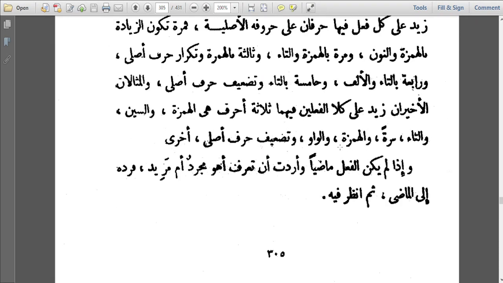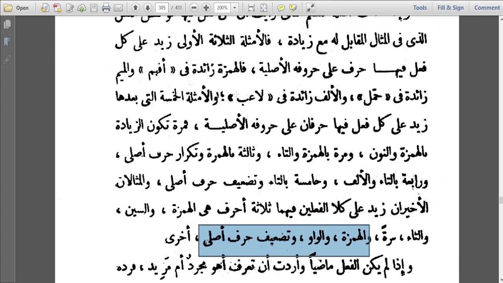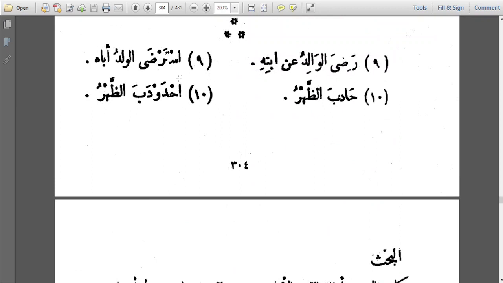Then it says والهمزة والواو وتضعيف حرف أصلي أخرى, and in the other example we've added hamza, wow, and tad'if of harf asli. Let me show you where the ziyada are. You have this alif, which they call the hamza. And then we've added this wow, and then we've doubled a harf asli, which is the dal. So we have alif, wow, and then the doubled harf asli, which is dal. That is the tad'if. Tad'if is basically doubling.